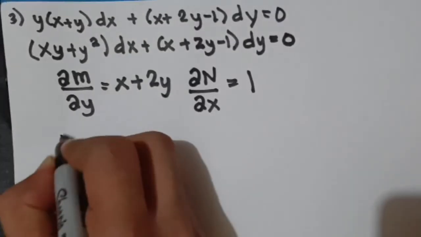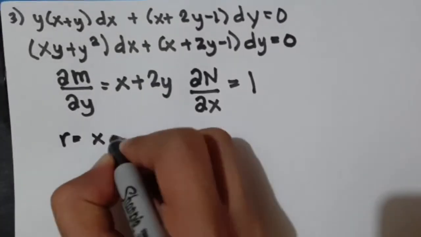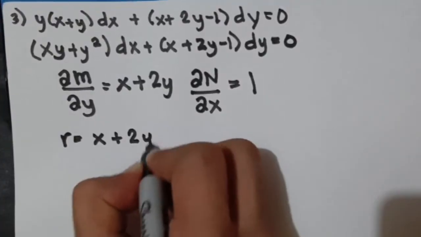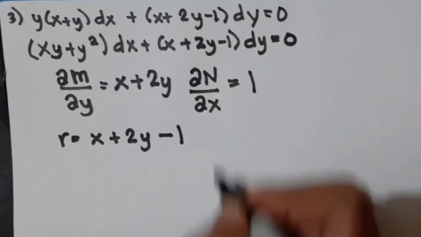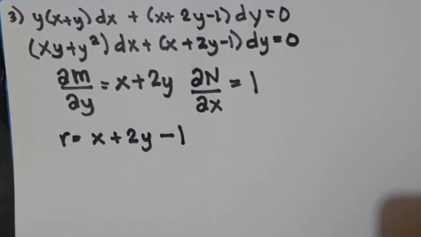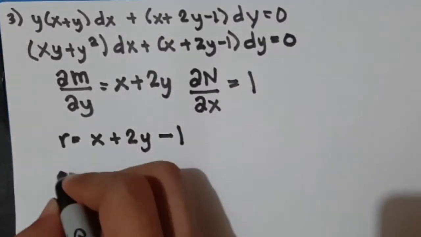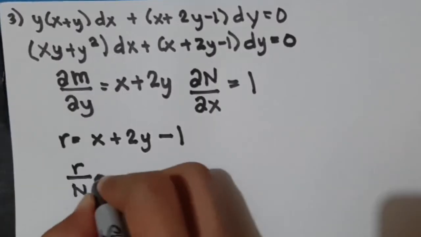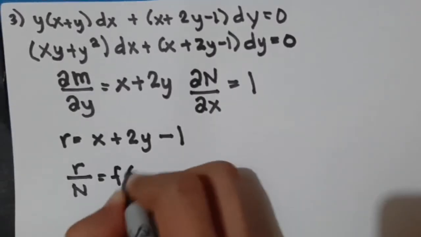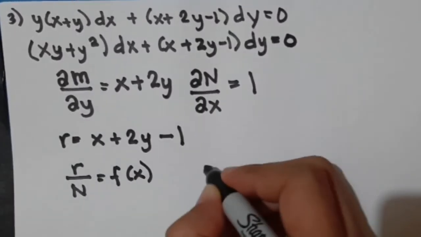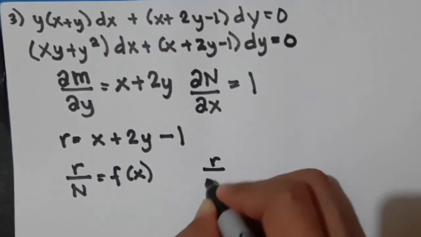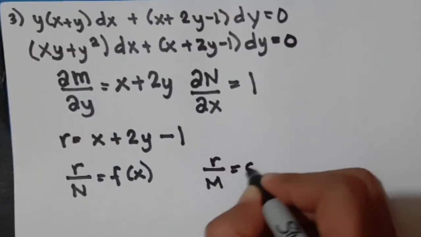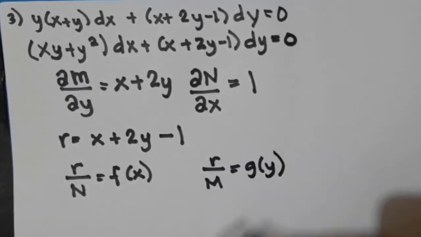So we get the difference. x plus 2y minus 1 is our value of R. So we check if R over N is a function of x, or R over M is a function of y alone.